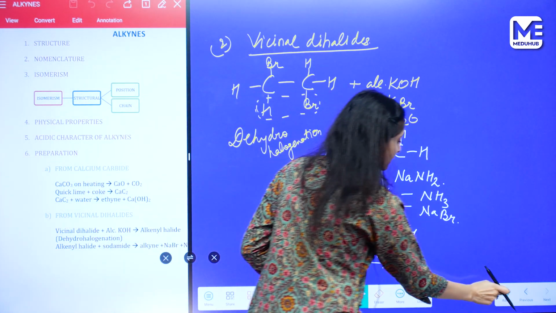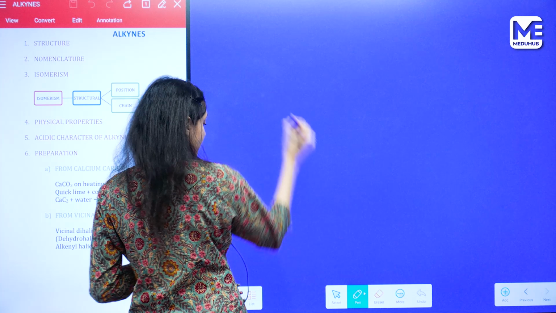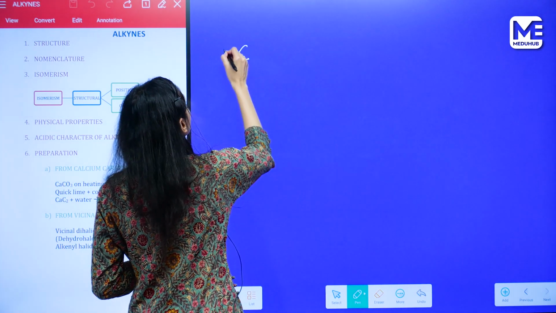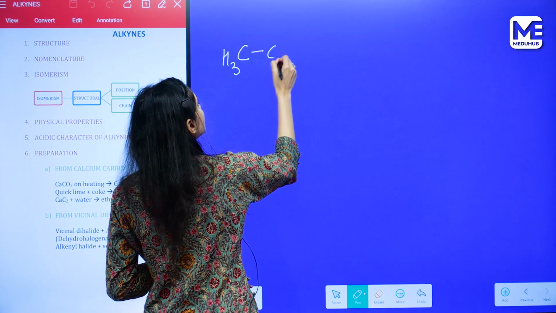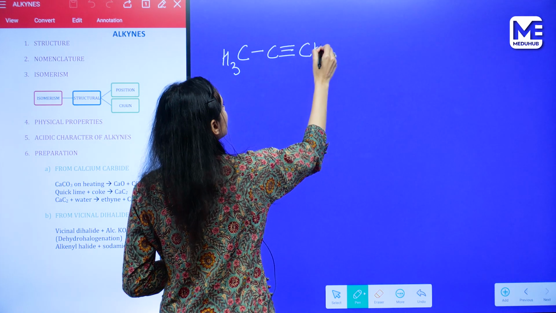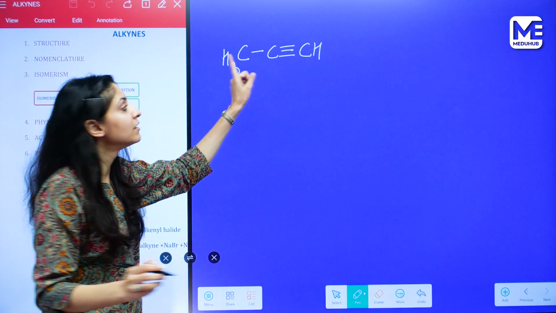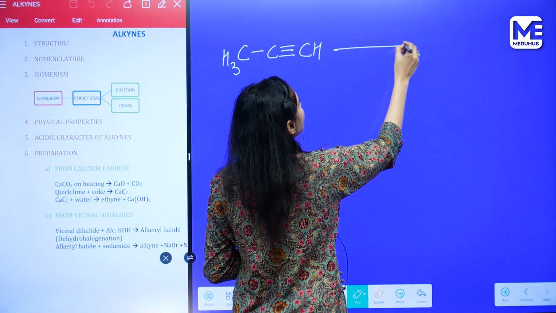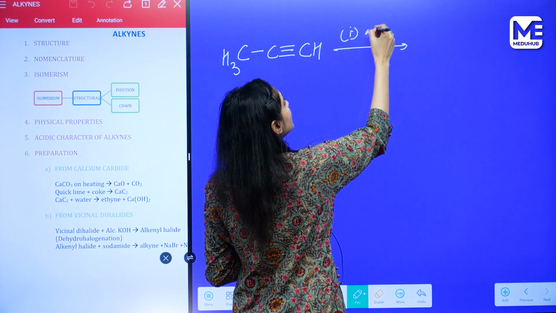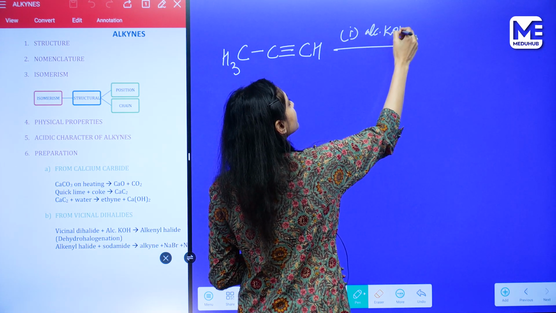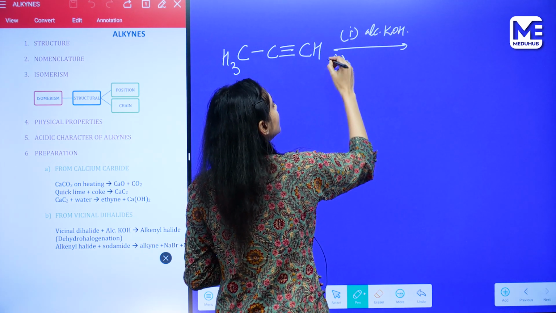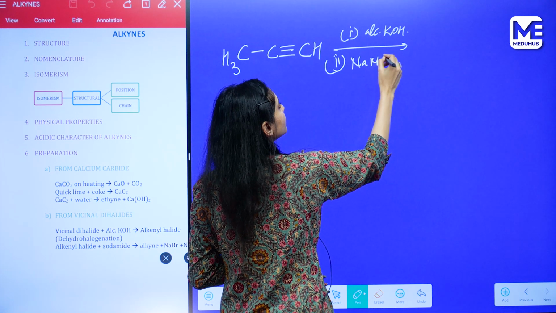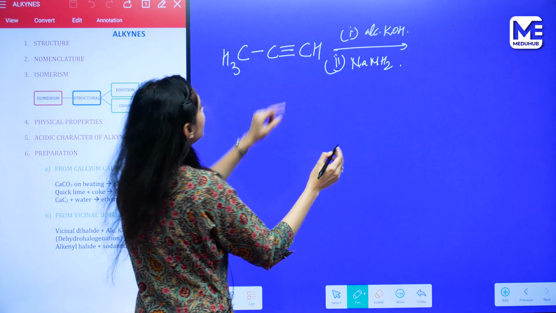Let us take one more example. We have CH3, C triple bond CH. This is propyne. If we treat it first with alcoholic KOH, second with soda amide, what will we get?